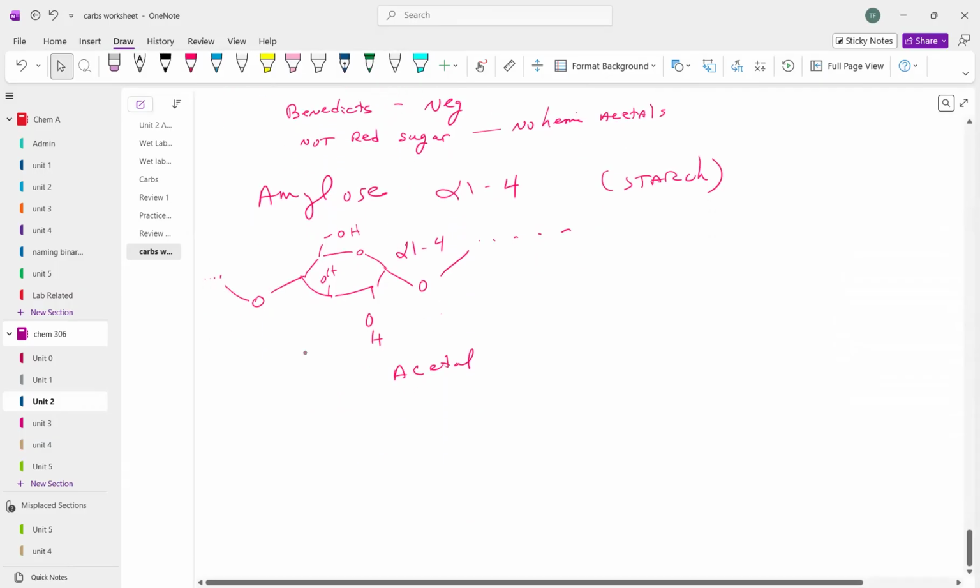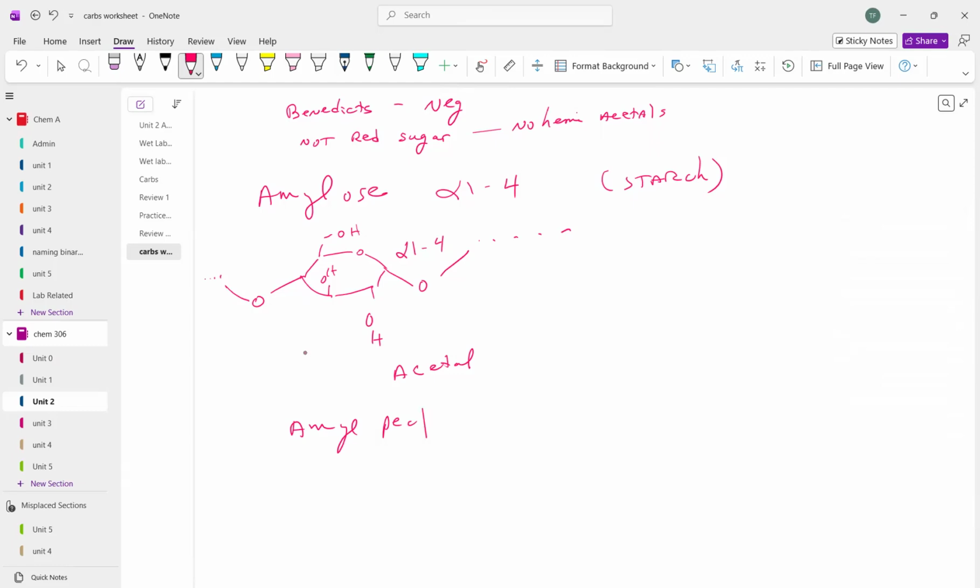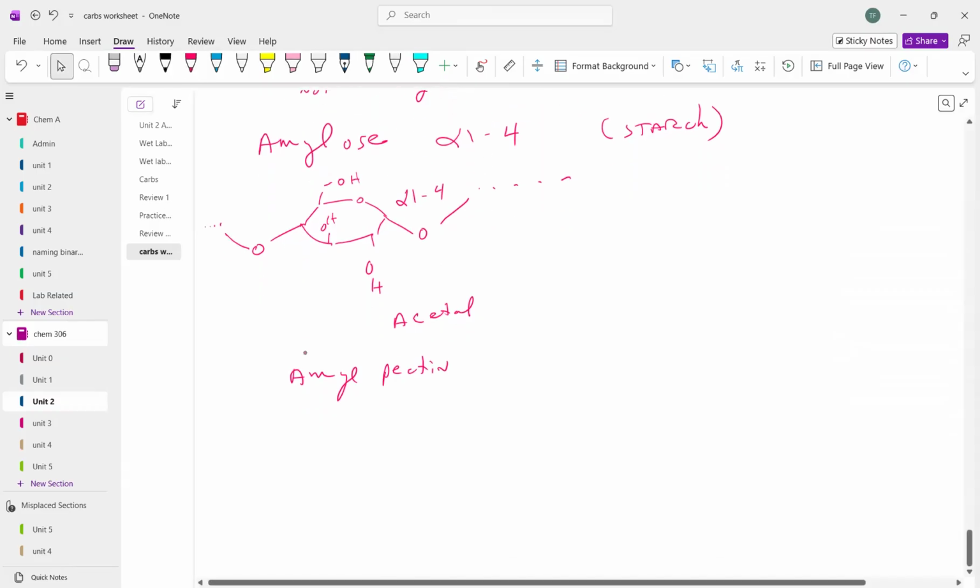Okay, amylopectin. Amylopectin is used a lot in canning, making jams and jellies. That's what firms it up. Sometimes they just say it's pectin, but it's amylopectin. And that is a long chain with branches.